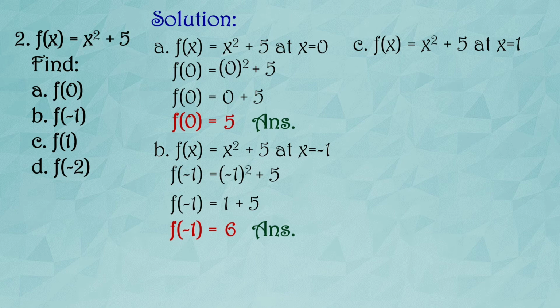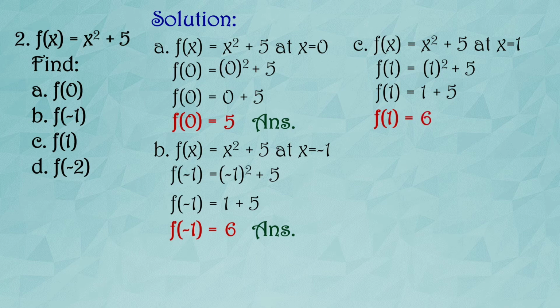Letter C, f of x equals x squared plus 5 at x equals 1. We just replace x with 1. So, it becomes 1 squared, and 1 times 1 equals 1. So, it becomes 1 plus 5. The value of the function at x equals 1 is 6.